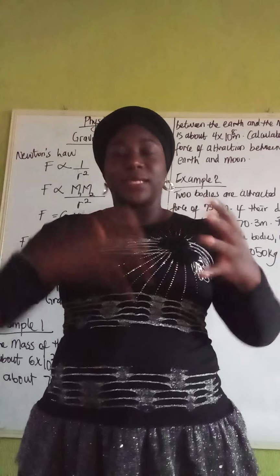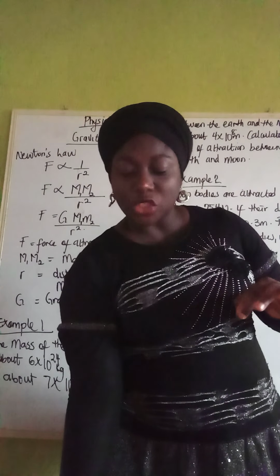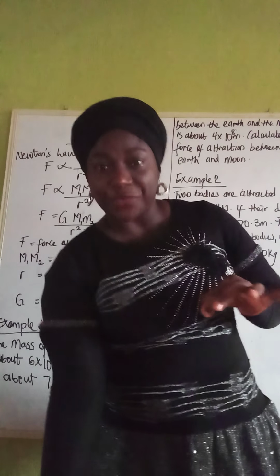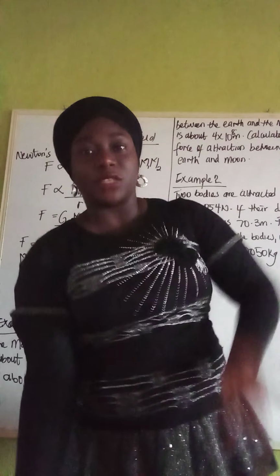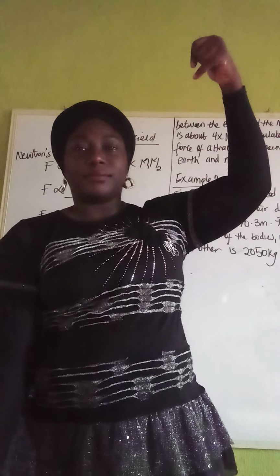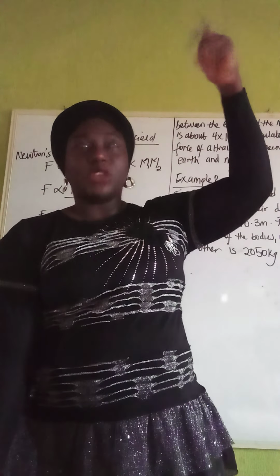What am I saying? You throw an object up, that means it is coming down. So the gravitational force is at the surface, pulling down the object thrown up. So the object up as well as here are going to experience a kind of force of attraction. It is this force of attraction that is pulling the object down.